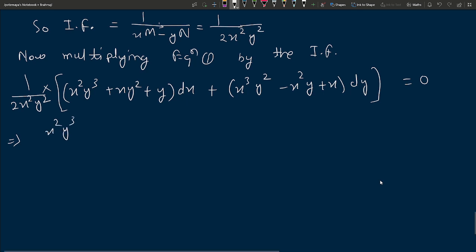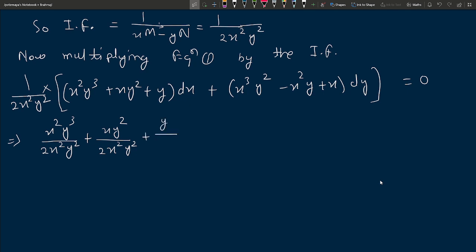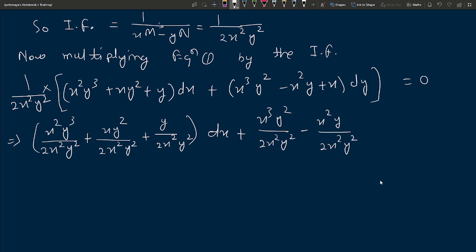So x square y cube by 2x square y square plus xy square by 2x square y square plus y by 2x square y square, whole into dx, plus x cube y square by 2x square y square minus x square y by 2x square y square plus x by 2x square y square, whole into dy equal to 0.